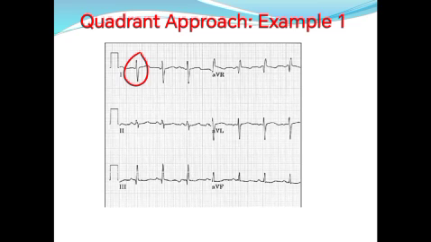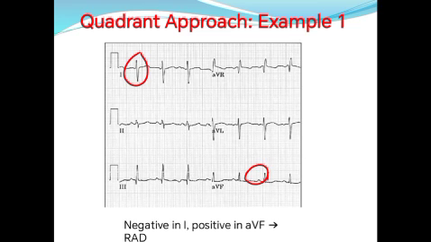This is lead AVF. It is positive. So here we have negative lead 1 and positive AVF. This is right axis deviation. This is how the quadrant approach works. Another example: negative lead 1, positive AVF, this is right axis deviation.